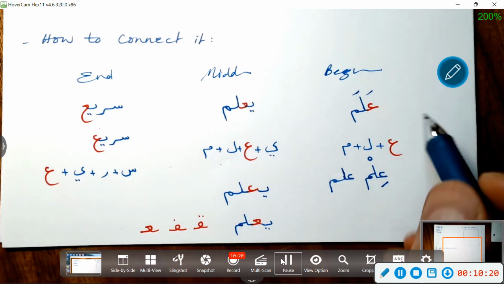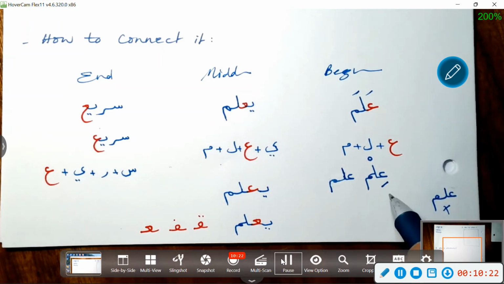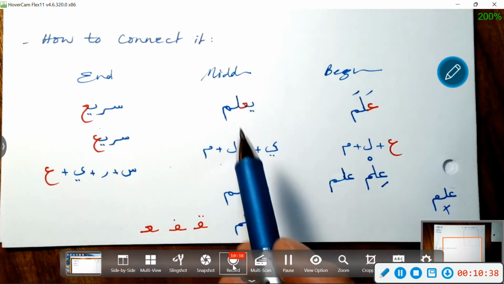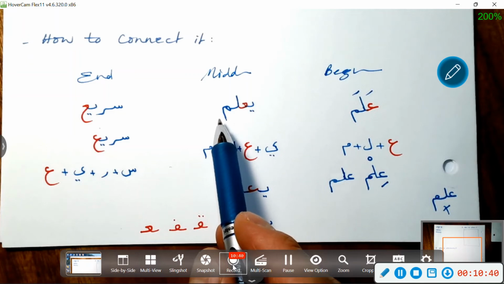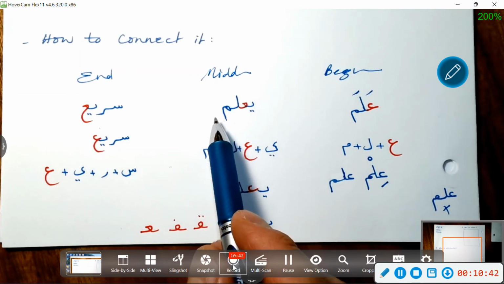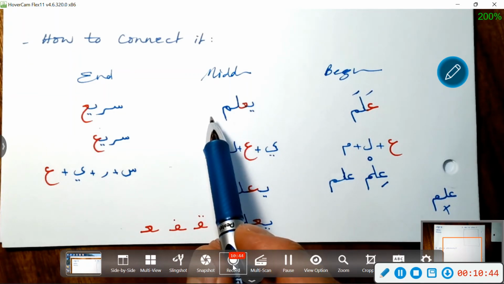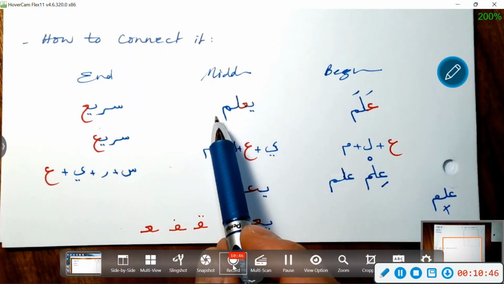Alam means a flag. Ilm means either a science or knowledge. Ya'lam. Ya'lam is a present tense that means to know. Ya'lam, to know.